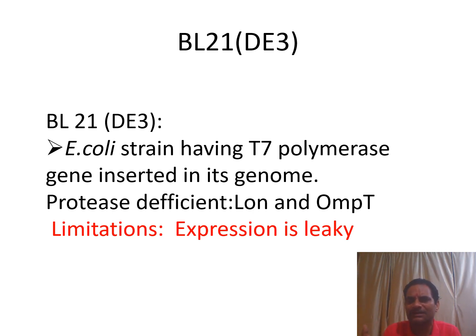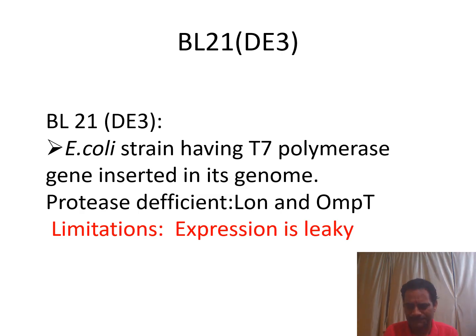It means the cell number is not increasing, so production of protein will be minimized. And you know that growth of E. coli doesn't mean the size of E. coli is increasing, it means the number of cells is increasing. So due to toxicity, if your protein is toxic to the E. coli, then you will not get sufficient cell number in a unit volume of your media.